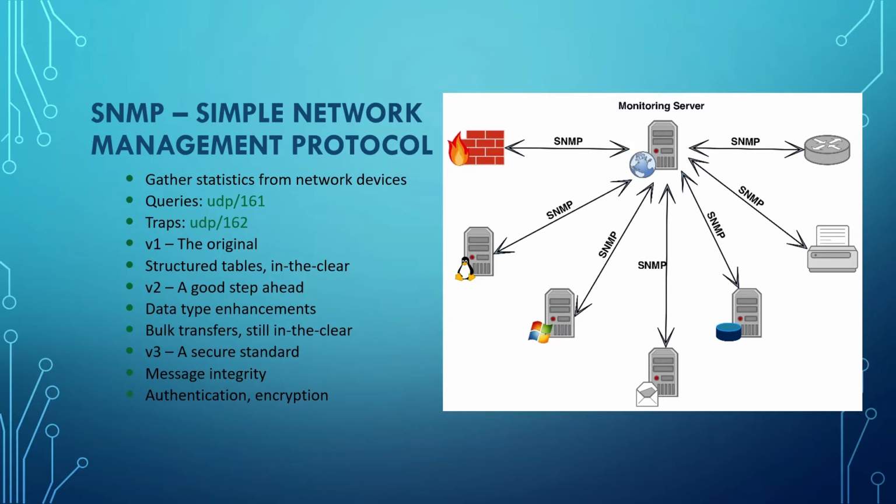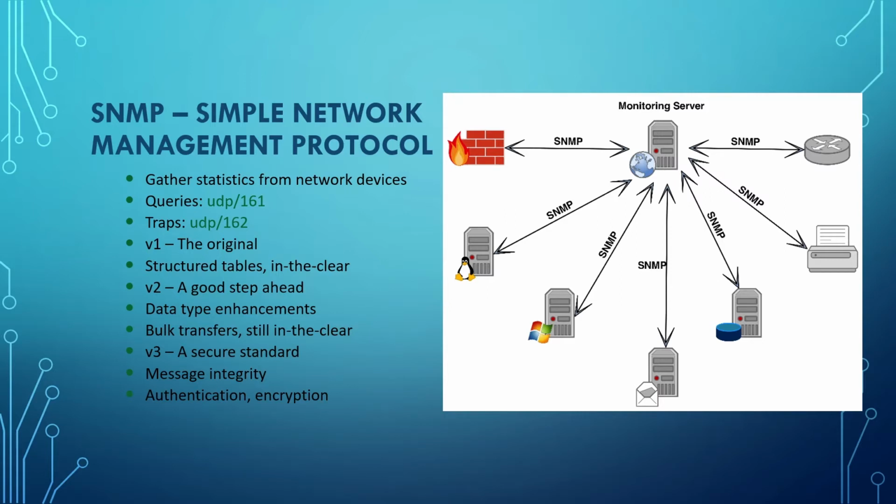SNMP uses 161 for queries and 162 to record anything that's out of the ordinary. There are 3 different versions of SNMP. Version 1 was not encrypted, and it could only give you limited information about the devices. Version 2 was still not encrypted, but it was able to send larger amounts of detailed information about the devices.